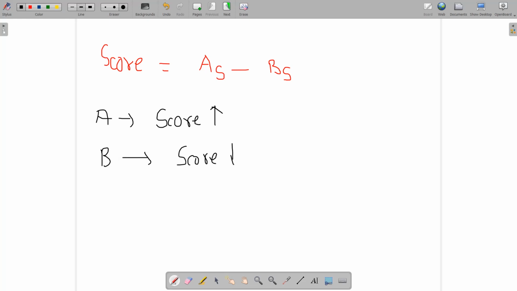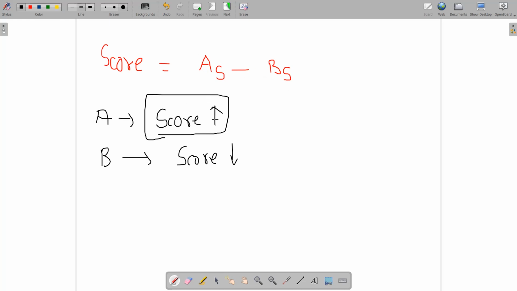One thing is common here, which I am going to deduce. Before that, let's notice how it comes: if Alice wants to increase the score, the score is the difference AS minus BS, Alice's score minus Bob's score.